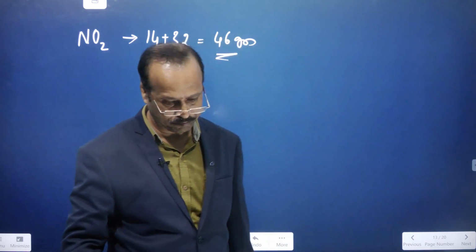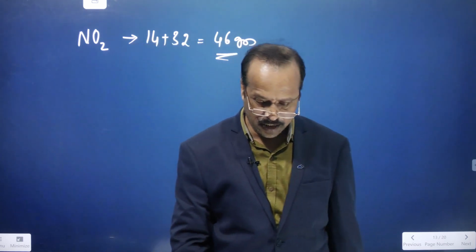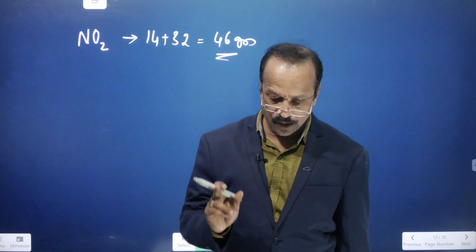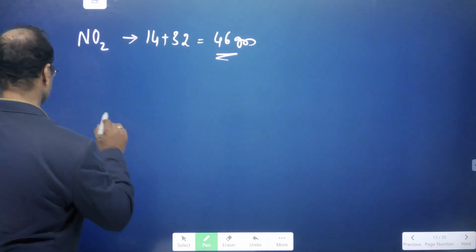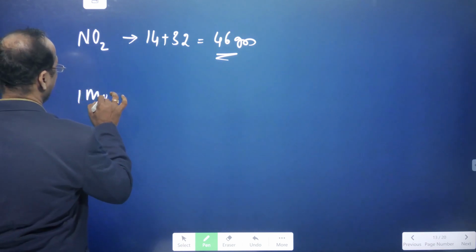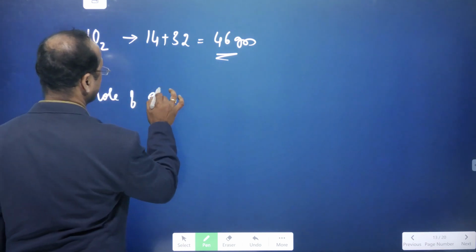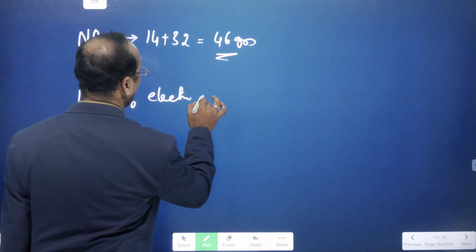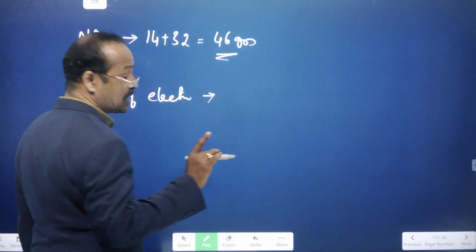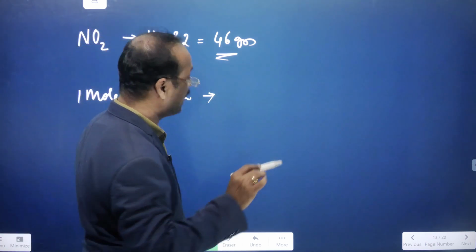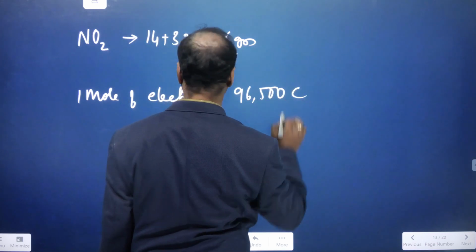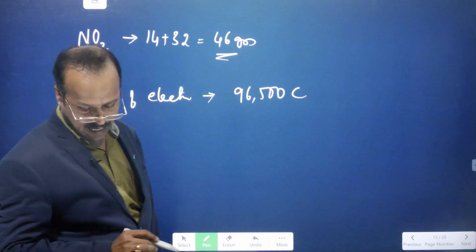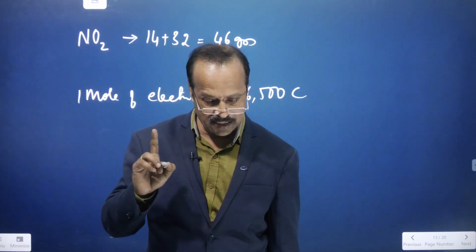Next, the charge present in 2 moles of electrons. This is a logical question, students. 1 mole of electrons carries 96,500 coulombs of charge.